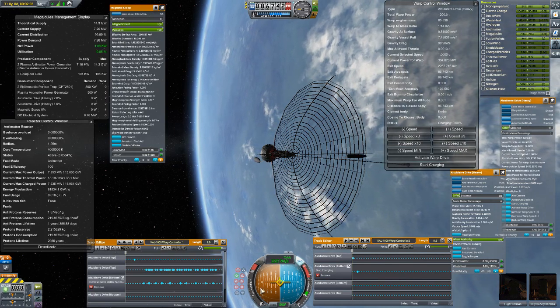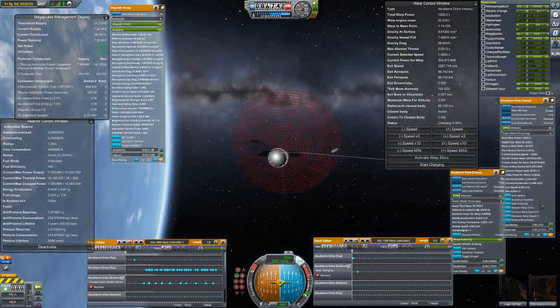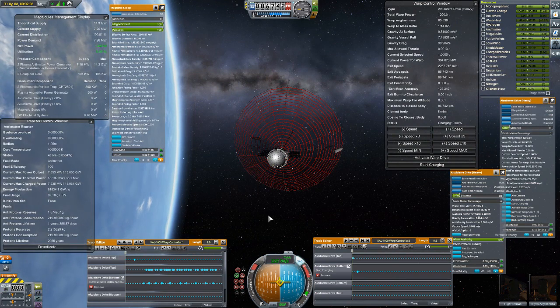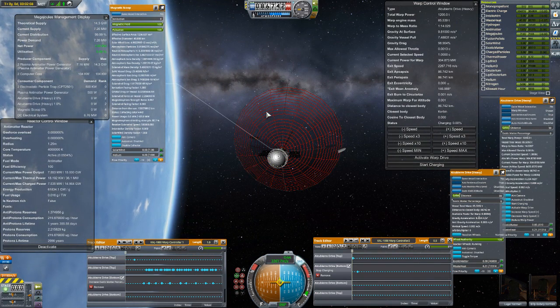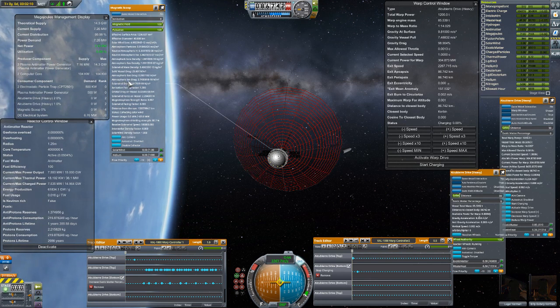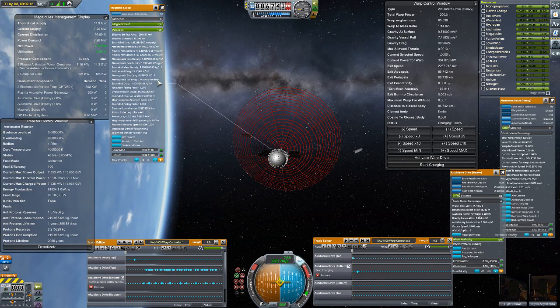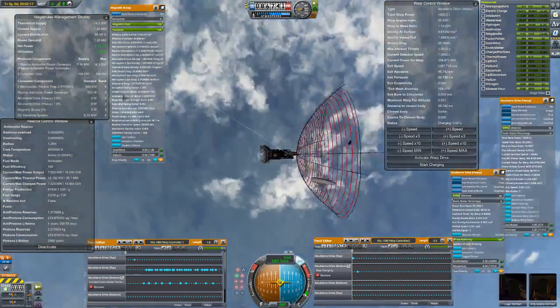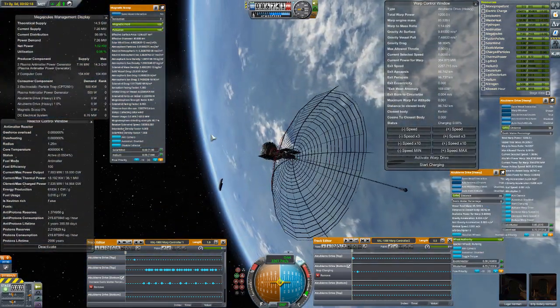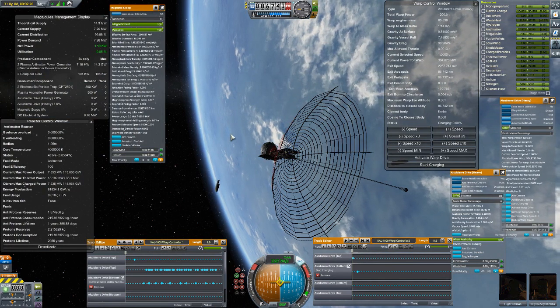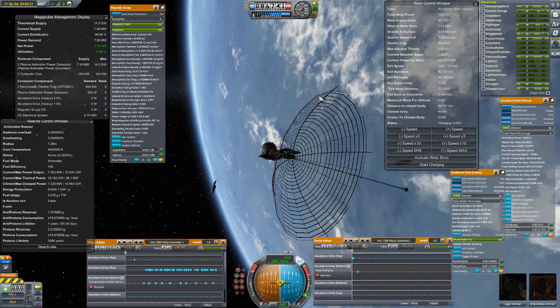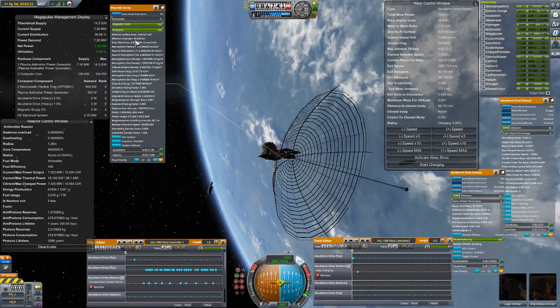So we are dead on prograde in orbit of the planet, which means this is the best orientation for ionization. Well, what does that mean? Atmospheric ion drag, okay? 2.7 times e to the negative 10 newtons per meter squared. So a very small number, 0.0002 newtons per meter squared on a 40-kilometer area.